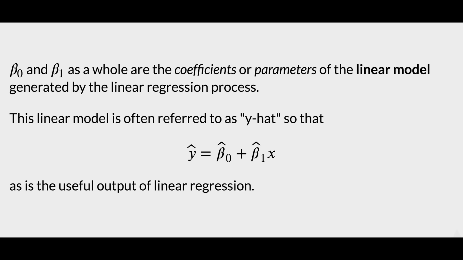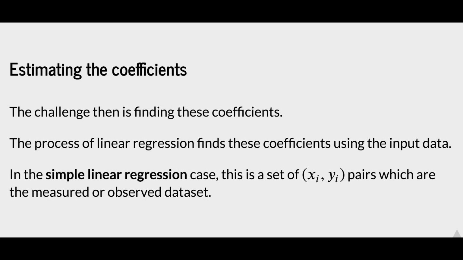We know that these are approximations. So our challenge is to find these coefficients, these best estimates. The process of linear regression is something that we can use to find these coefficients, and we do this using the input data, the data that we have. So in the simple linear regression case, this is these x and y pairs, which are the measured or observed data.